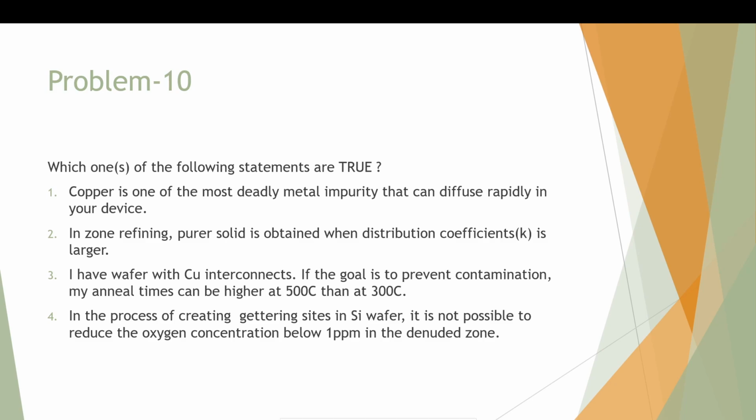So what was the distribution coefficient? We have a solid and we are melting it, as in zone refining. Whether the impurity likes to sit in the solid or in the melt is decided by the distribution coefficient.